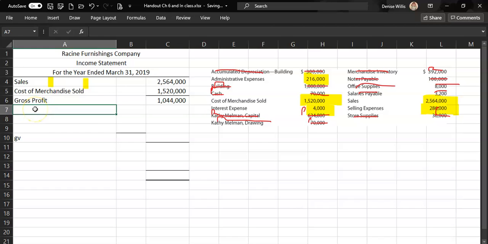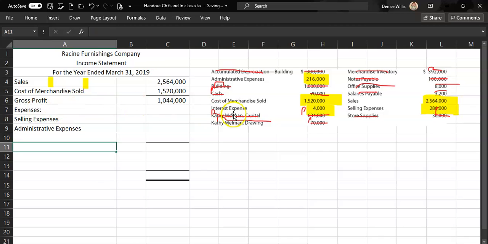After gross profit, we're going to then put our expenses in place. We're going to divide our expenses up into selling and administrative expenses. They give us selling and administrative expenses.